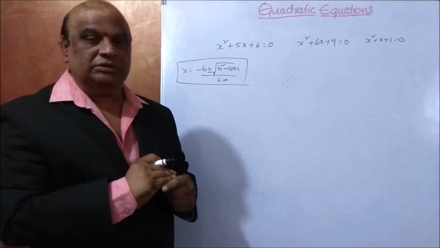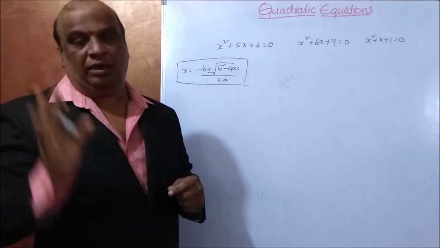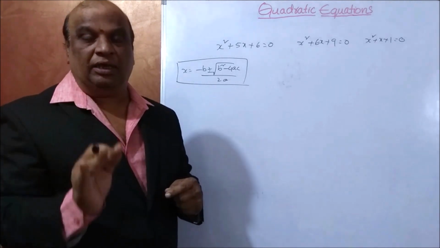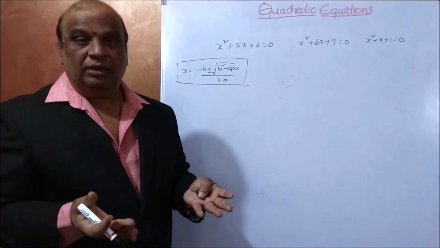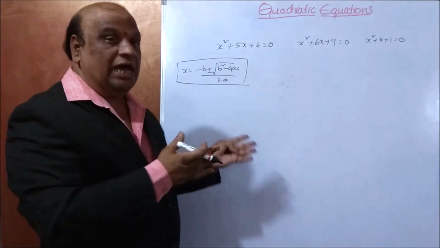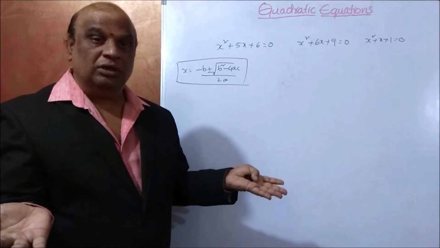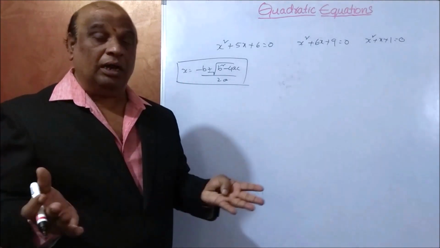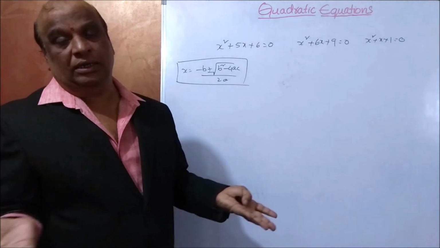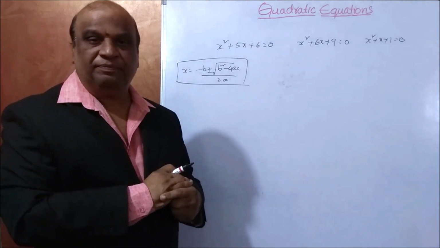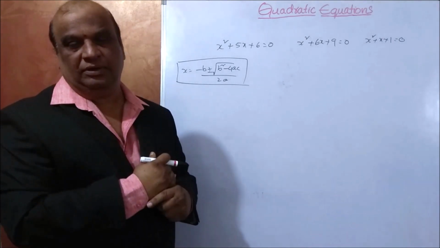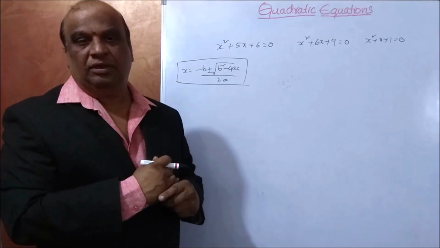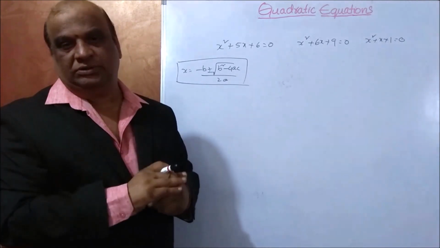Now the topic is, without finding the roots, we have to say whether it has different roots or equal roots or no roots in real number sets. How is it possible? This is very important. We should not find the roots.